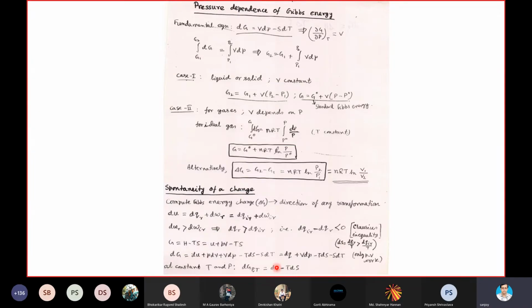Now if the process is spontaneous, then this is an irreversible process, so this dq is actually dq irreversible. So therefore dG at constant P and T is becoming what? dq irreversible minus dq reversible. We already know dq irreversible minus dq reversible is less than 0. That means for any spontaneous process, the corresponding Gibbs energy change at constant pressure and temperature should be less than 0.